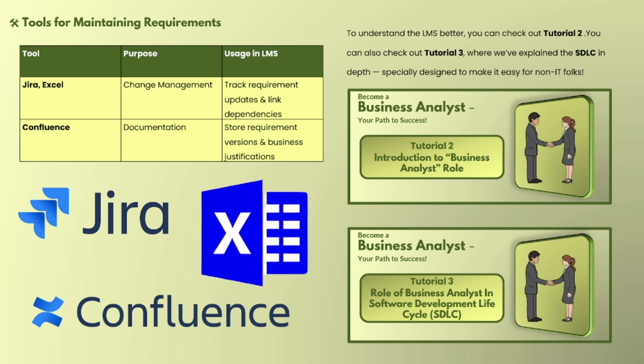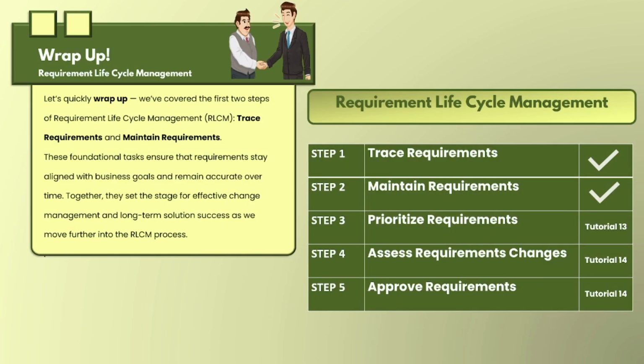Now let's conclude this tutorial with the first two steps involved in requirement lifecycle management. To quickly wrap up, we have covered the first two steps of requirement lifecycle management, that is tracing requirements and maintaining requirements. This foundational task ensures that requirements stay aligned with business goals and remain accurate over time.